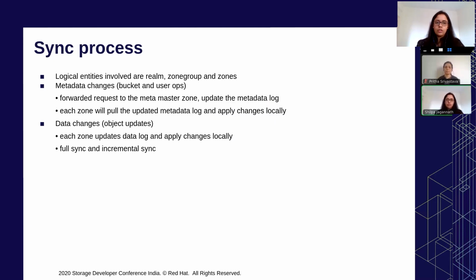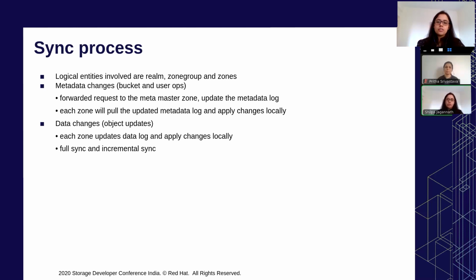We have logical entities called realms, zone groups and zones. A realm basically represents a unique namespace, which consists of one or more logical zone groups, and they again contain one or more zones, which have buckets and objects in turn.